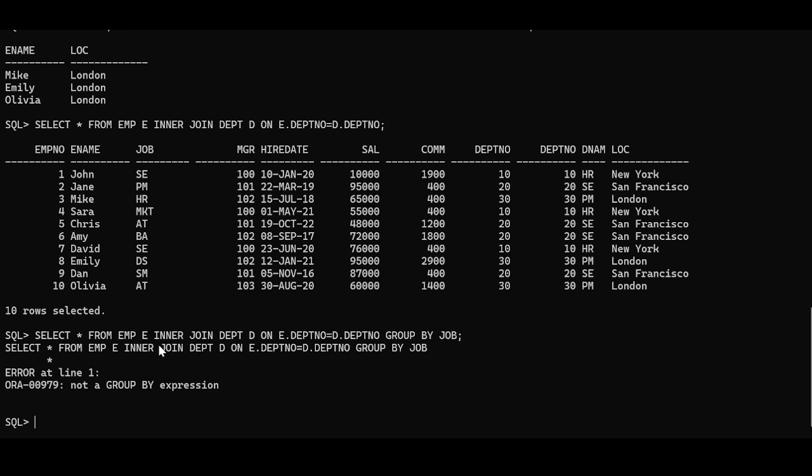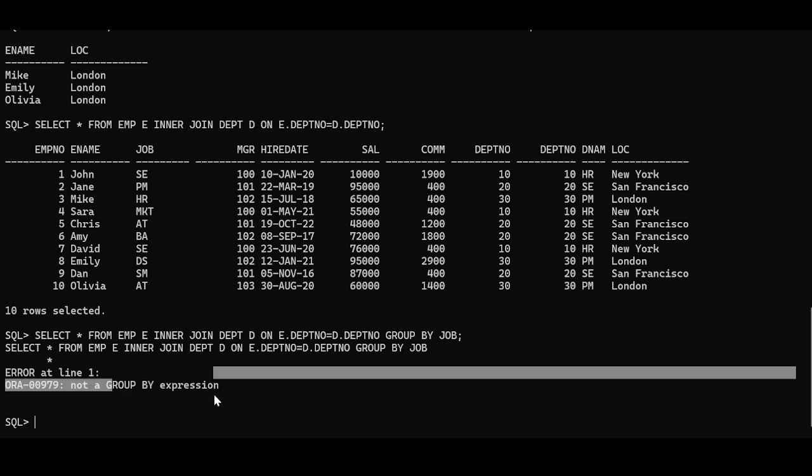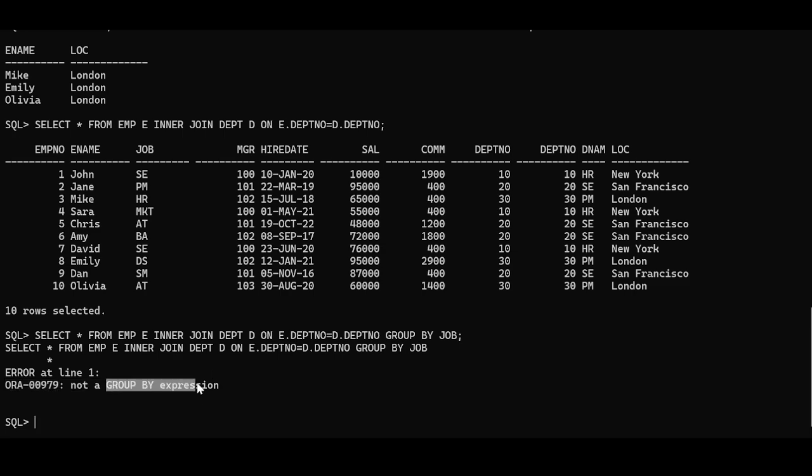If I do this, it says not a group by expression, and it is pointing an error here. Star is not a group by expression. You remember, in our previous class when we were discussing group by expression, the column name that you take after the group by should be the same column you select here.